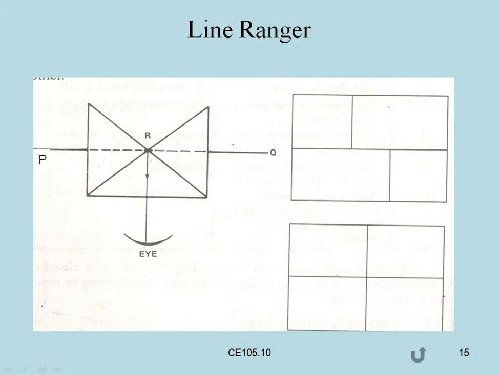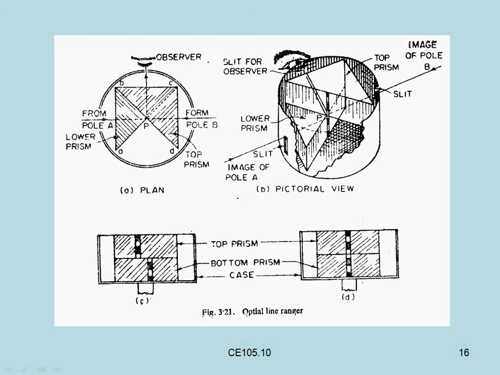Let us see the diagram. This is our line ranger, figure 1, figure 2. You can see here the points P and Q, and from I we have to see. If we see the object at the point, we can bisect the point. These are the parts here. This is the plan, and this is a pictorial view of the diagram.